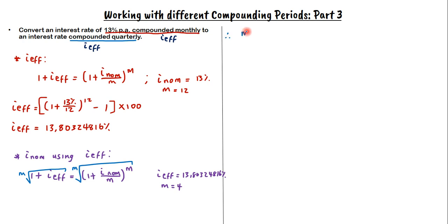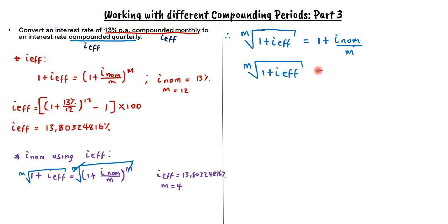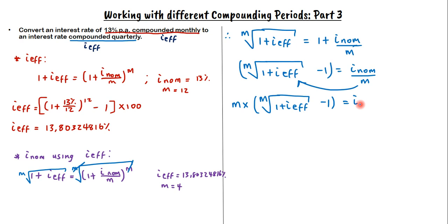So I have the Mth root of 1 plus I effective, and this is equal to, remember, this cancels with that, 1 plus I nominal over M. Then I take the 1 across: the Mth root of 1 plus I effective, minus 1, equals I nominal over M. Then I multiply this into the whole thing, so it becomes M times the Mth root of 1 plus I effective, minus 1, equals I nominal.